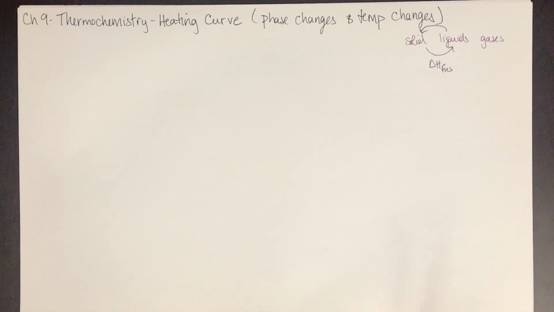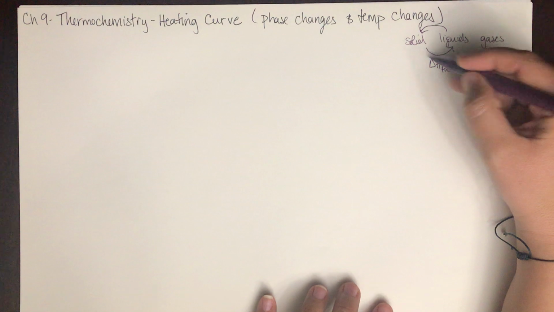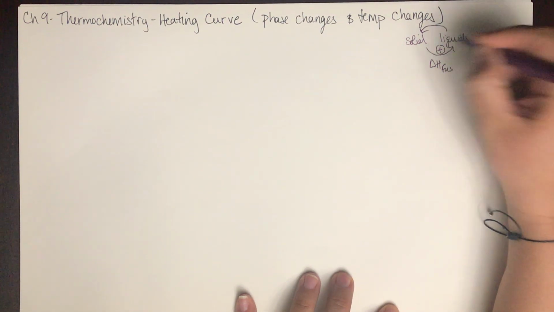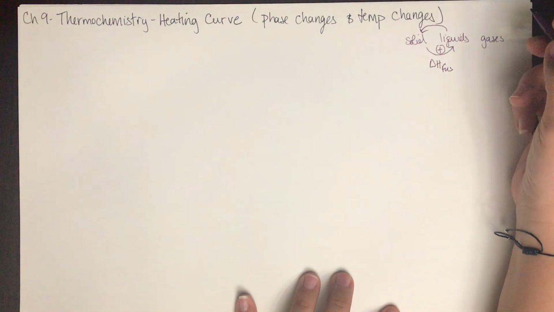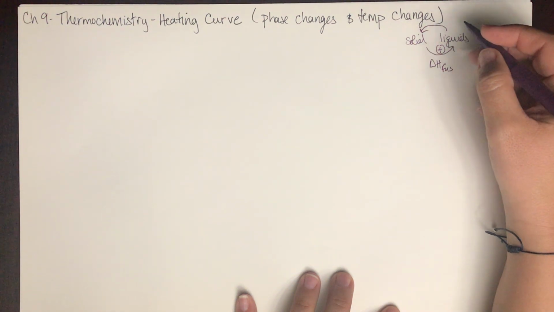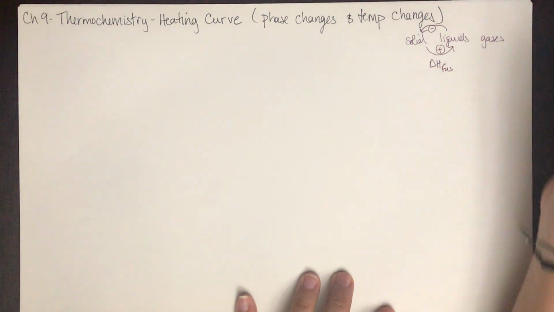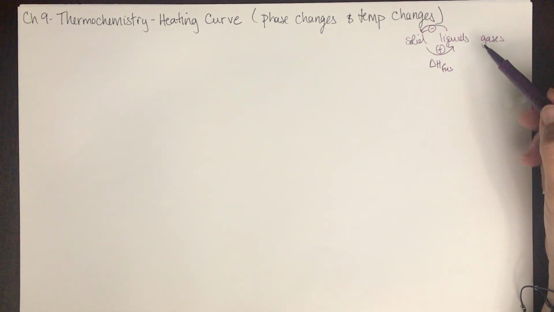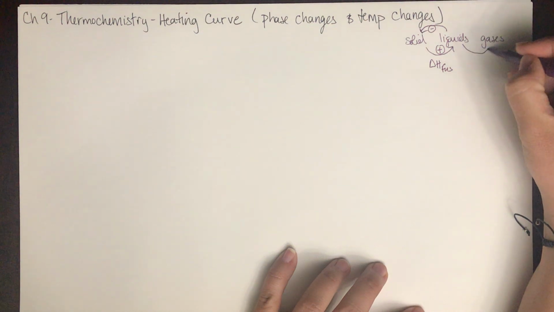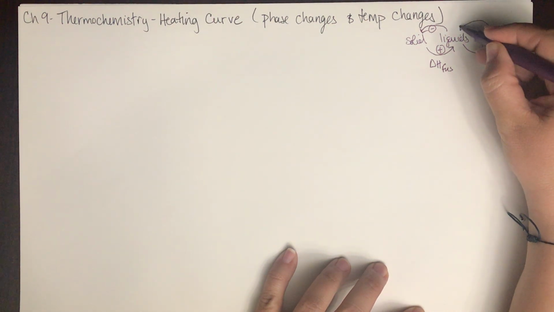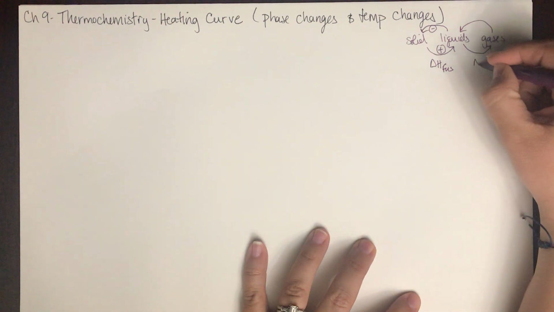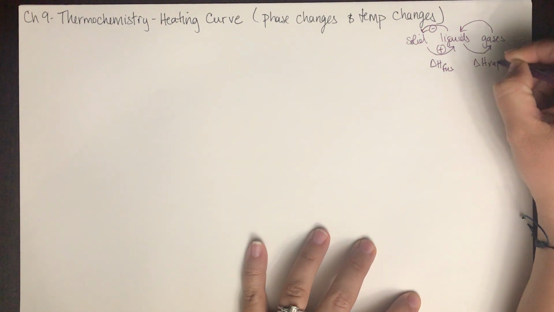And going from a solid to a liquid, you have to put heat in. So this would be endothermic. And going from a liquid to a solid, this is removing heat. This would be exothermic. And then from a liquid to a gas, or a gas to a liquid, this is called the heat of vaporization.